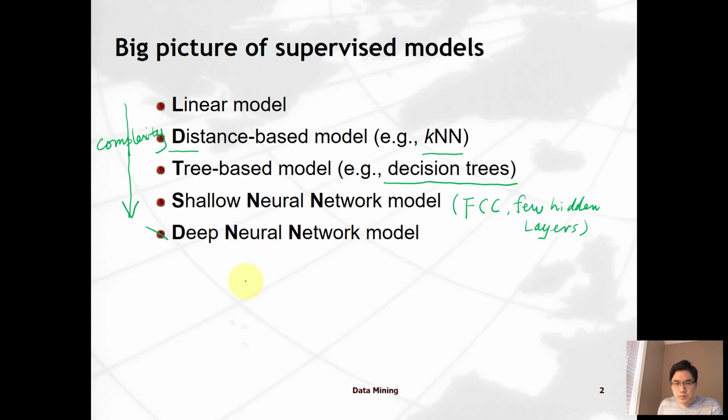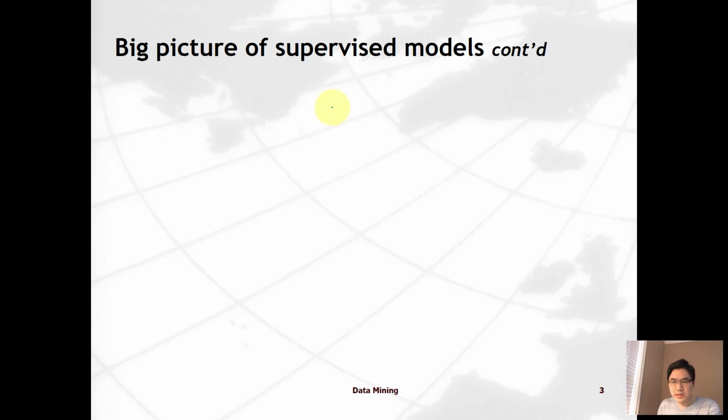Now, what I would like to discuss today about the big picture of supervised models is to show a trend of how they compare when faced with different situations, with different levels of problem complexity, and possibly with different sizes of data. So I'm going to do it here in the new slides.